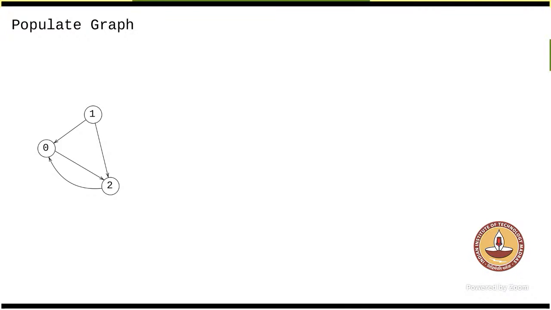Now, one important point is this. When it comes to the adjacency matrix of a graph, will you ever come across a situation where you have create matrix of A comma B with A not equal to B? Will you ever come across a situation where the two parameters are unequal?